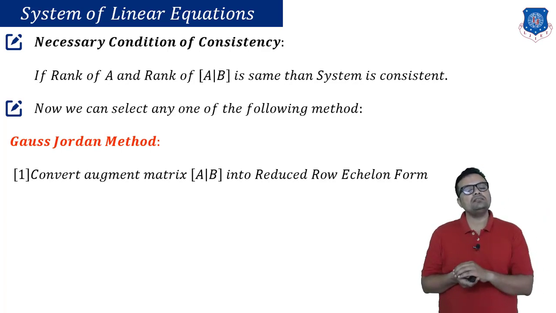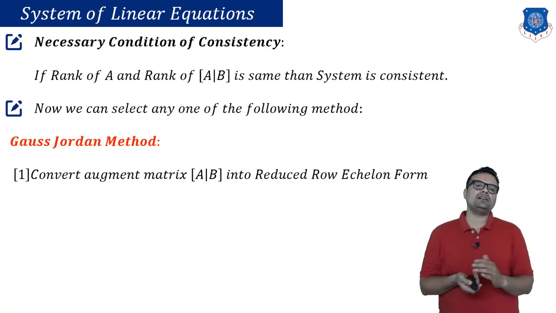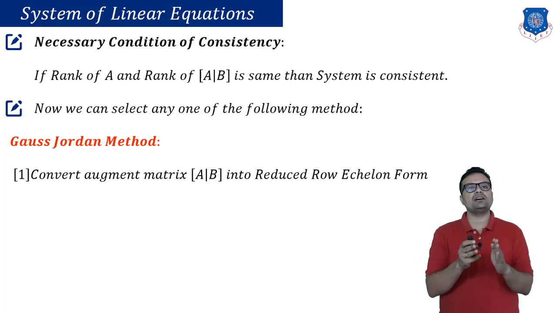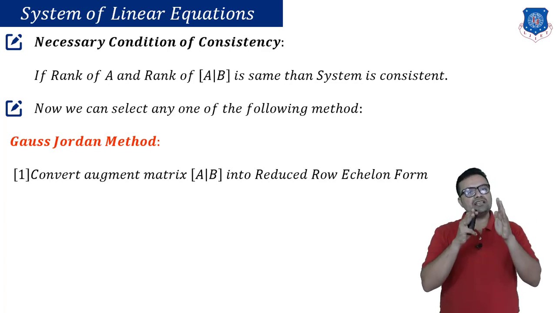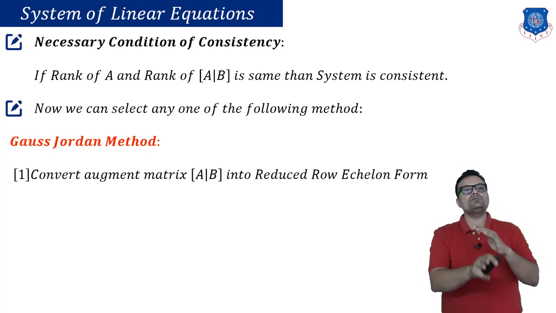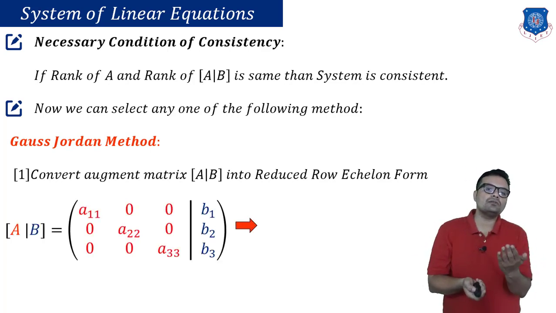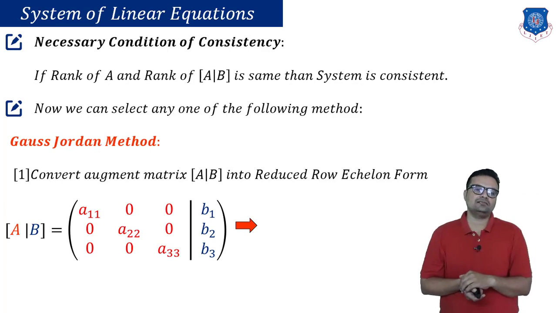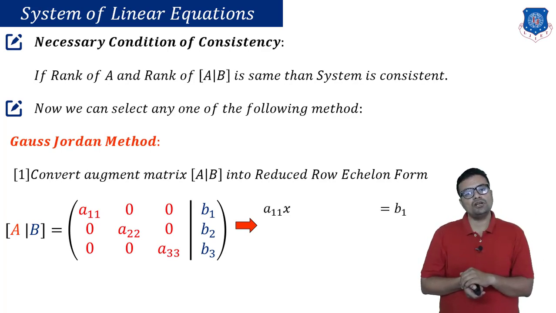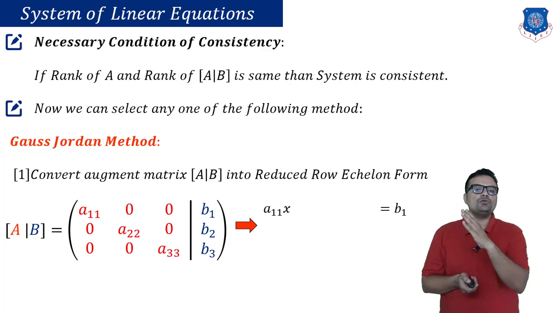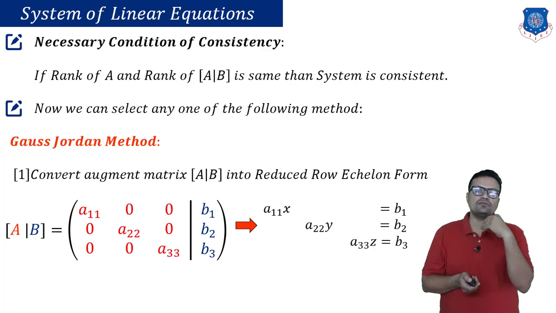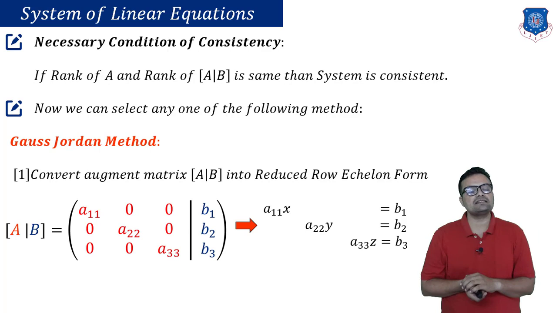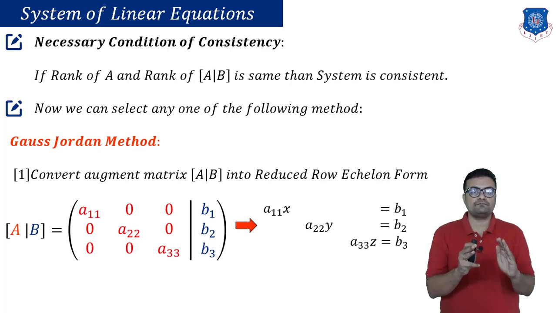In Gauss-Jordan method, we are not directly converting our matrix into equations, but we are working on the same matrix and further reducing it into reduced row echelon form. So your matrix will look something like this. Now it is in reduced row echelon form. So clearly, whenever you convert this into equations, it will give you the answer of x, y, z easily. So the technique is almost the same.